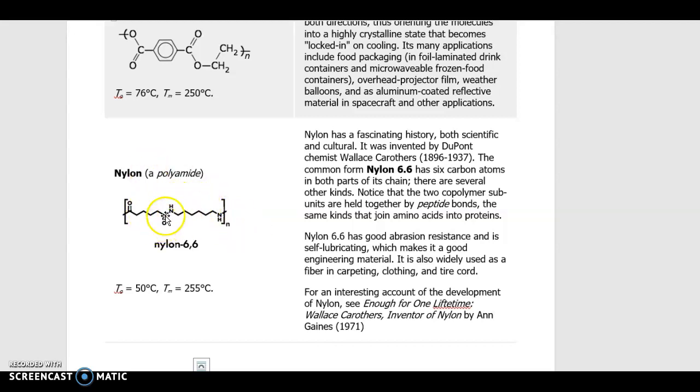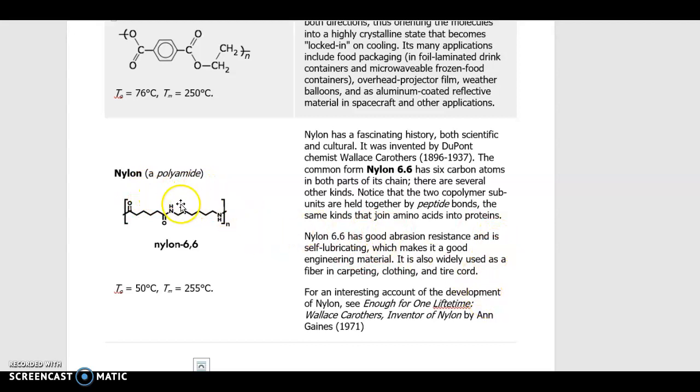That NH section right here, NHs really like to stick to O's. That's what a hydrogen bond typically entails. H and O's, if they see each other across different molecules, they will try to line up just like in water.